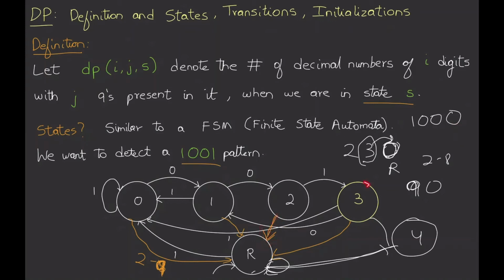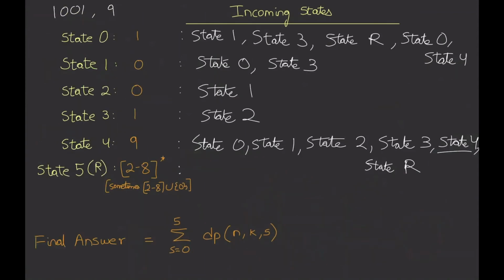And similarly, after state 3, that means I saw 1. If I see a 0, I go to state 1 and not state R, because my new pattern started on seeing that 0. So the possible states from which I can go to state R on seeing a 0 are essentially state 2, state 4 and state R. So from state 2, state 4 and state R, I can go in 9 different ways.